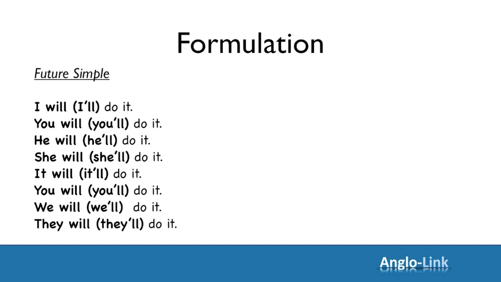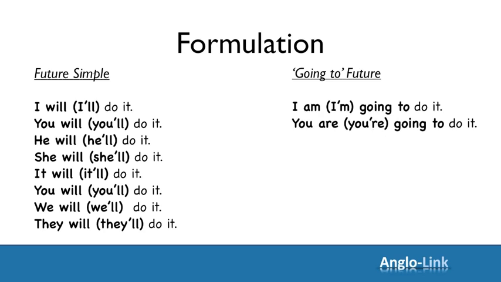Let's look at the formulation of the going to future. For going to future, you simply conjugate the verb to be, then add going to, and then the infinitive. Let's have a look. I'm going to do it. You're going to do it.